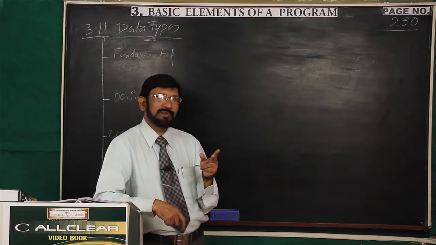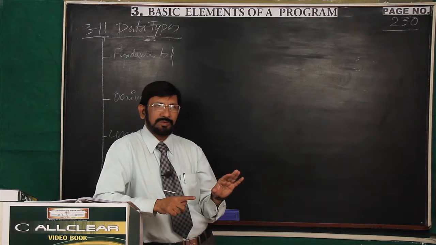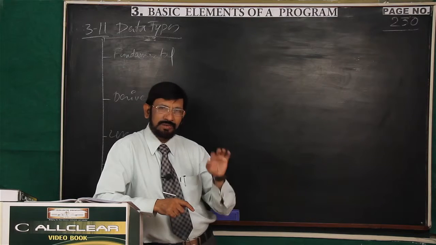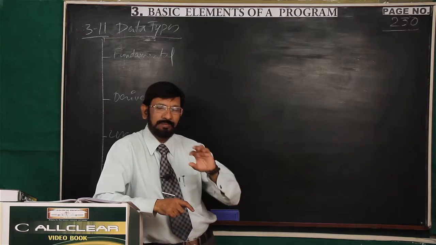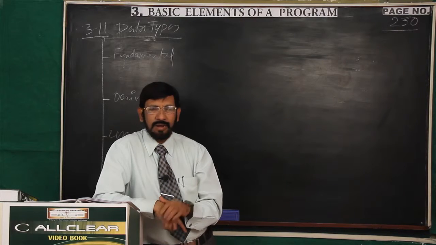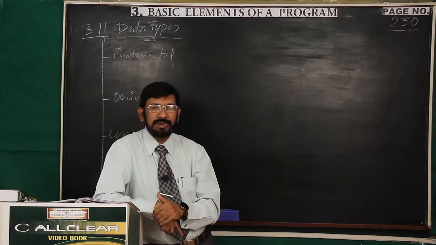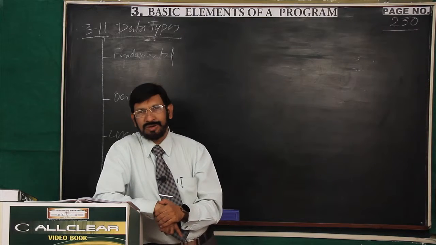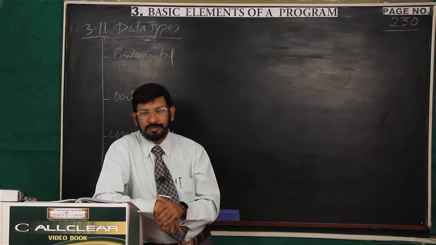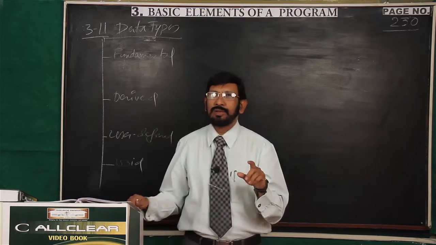Here, two options are there with us. One is for all the data items, irrespective of their nature and quantum, allocating same amount of memory. And the other is allocating differential amount of memory depending on their nature and quantum. Which method you follow? Already I gave you an example also.